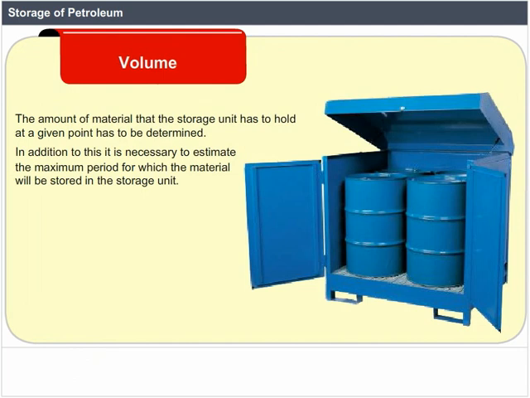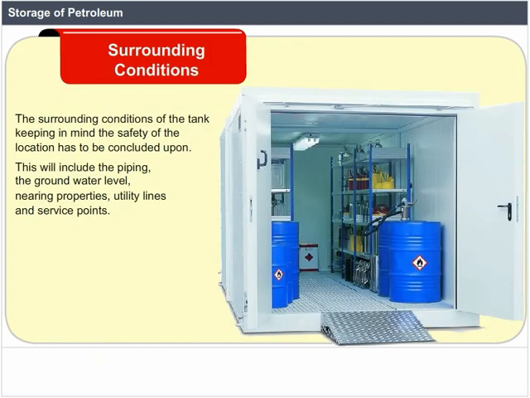In addition to this, it is necessary to estimate the maximum period for which the material will be stored in the storage unit. Surrounding conditions. The surrounding conditions of the tank, keeping in mind the safety of the location, have to be concluded upon. This will include the piping, the groundwater level, nearby properties, utility lines and service points.